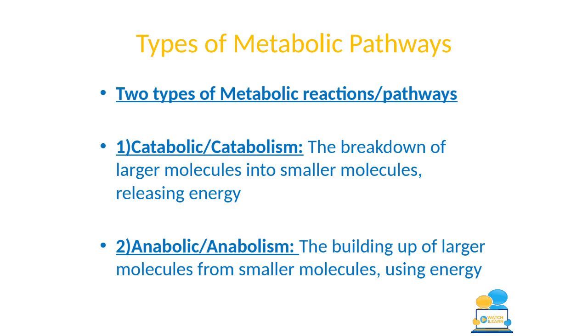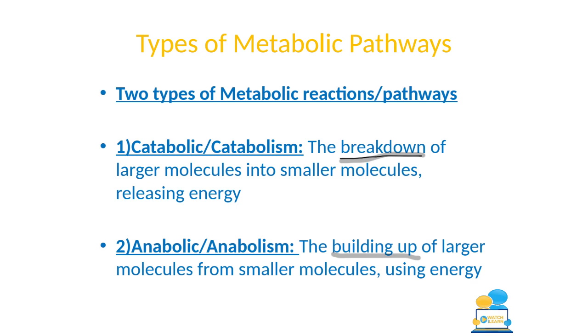So catabolic or catabolism refers to the breakdown of larger molecules into smaller molecules releasing energy. Anabolic or anabolism is the building up of larger molecules from smaller molecules using energy. So with catabolic, we want to reference the breakdown. With anabolic, we want to mention the building up.